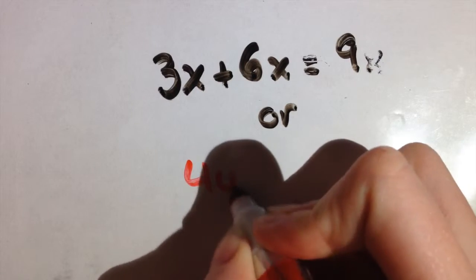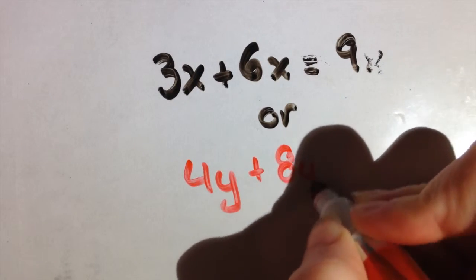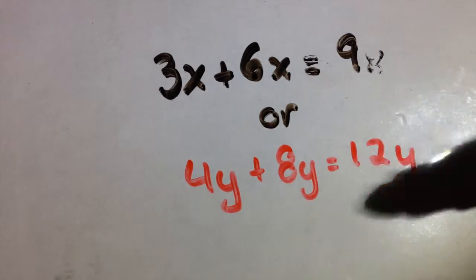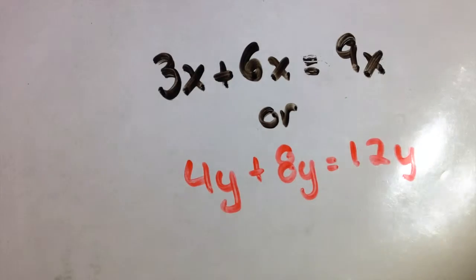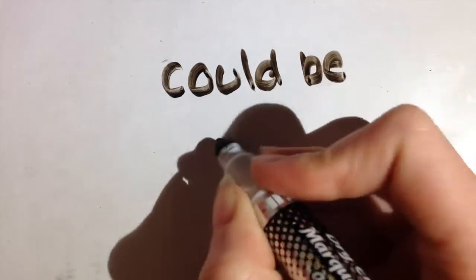Let's say Y. So if you were to do 4y plus 8y, it would give you 12y. I'm going to go fix the X I messed up. So it's the same for both letters, and it's actually the same for all letters. It can be any letter of the alphabet.